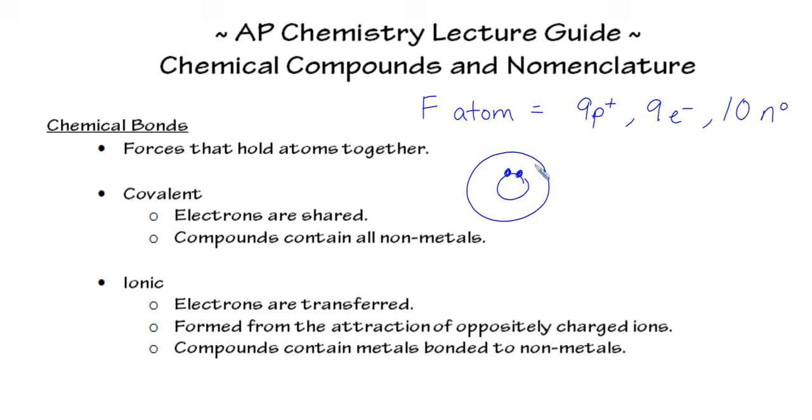And then the second energy level could take up to 8, and we always drew them paired together. In this case, we're only going to need 7, so that we have a total of 9. So here's a beautiful model of a fluorine atom, which is grossly inaccurate, but I can deal with it. It gives us a nice distribution of the electrons.